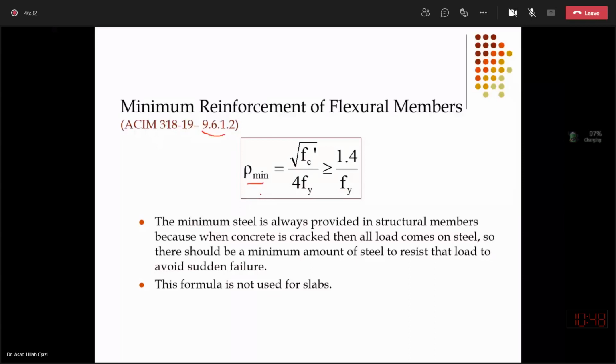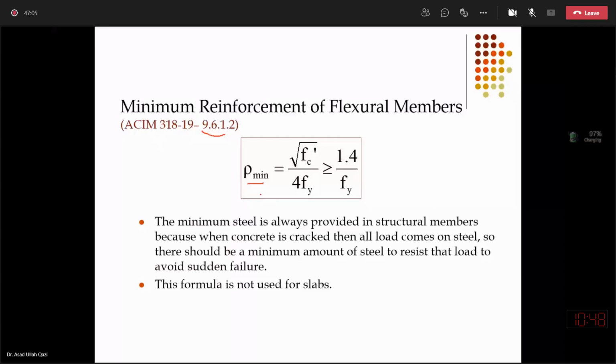You studied in allowable stress design the uncracked section, then the cracked transformed section. When the section is uncracked, concrete is intact, but the instant the section cracks, the modulus of rupture is reached. Concrete will not take any more tensile stress, while all the stresses will be transferred to the steel. So steel must take on those stresses.